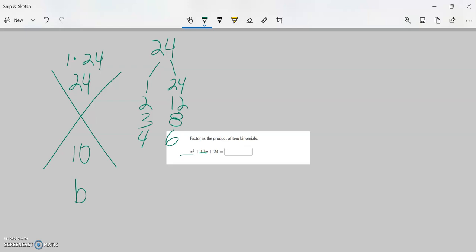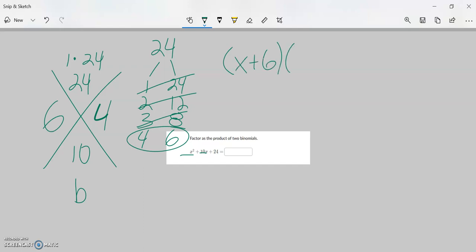And 5 is a decimal. Of these numbers, what adds to 10? This is 25. That's 14. That's 11. Those add to 10, and they go there and there. So our answer is x plus 6 times x plus 4.